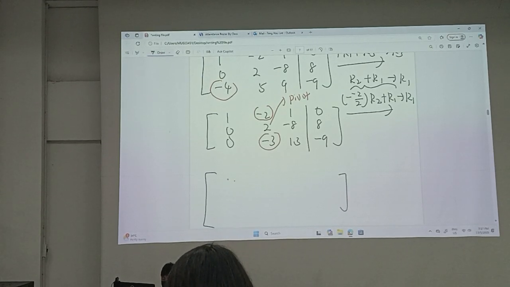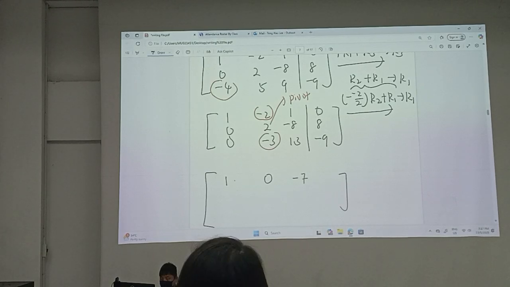So as a result, this will turn to 0. So R2 plus R1: 1 plus negative 8 is negative 7, right? 0 plus 8 is 8, right? And the pivot row remains unchanged.